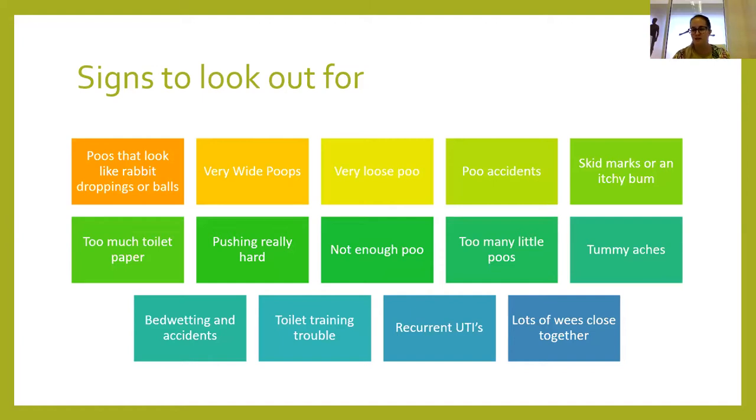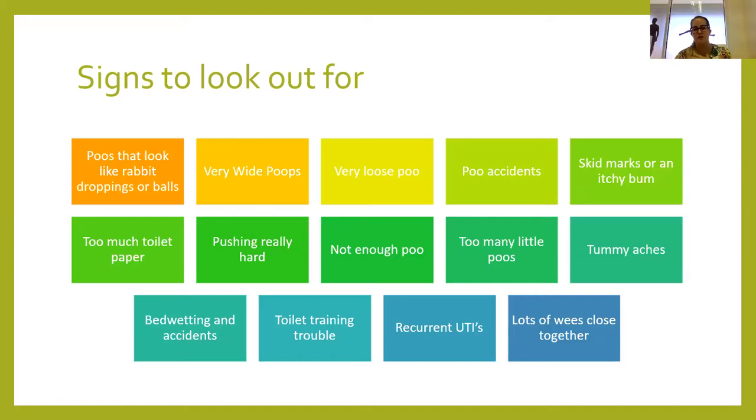Any poo accidents, skid marks, itchy bum, using too much toilet paper, needing to push really hard when they're on the toilet, not enough poo coming out, too many little poos, them constantly complaining of tummy aches, bedwetting and accidents, because obviously when they're all relaxed at night, it can put pressure on the bladder.